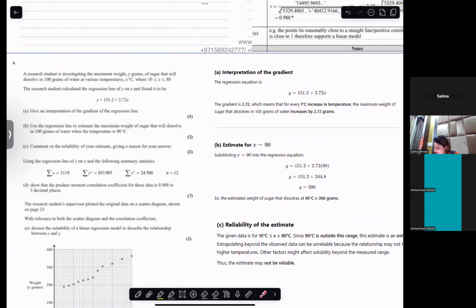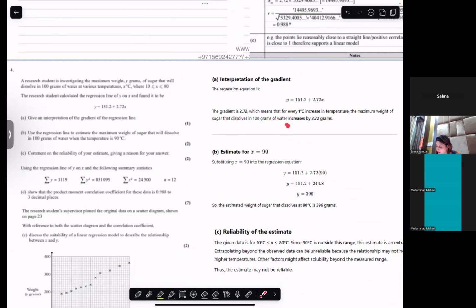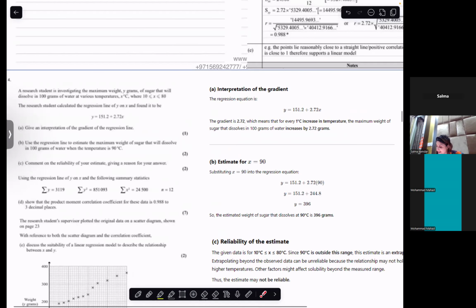The sugar that will dissolve in water would increase by 2.72 grams. So it will allow an extra 2.72 grams of sugar to dissolve in water.